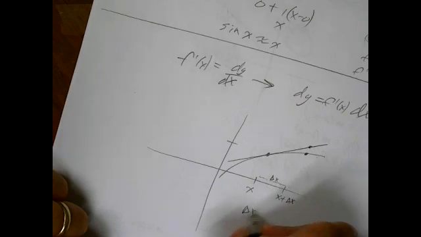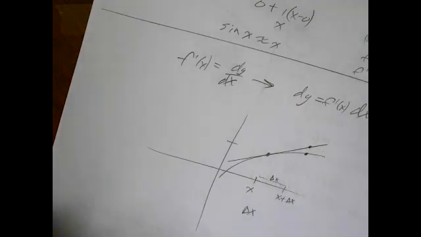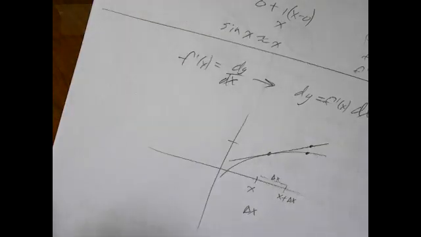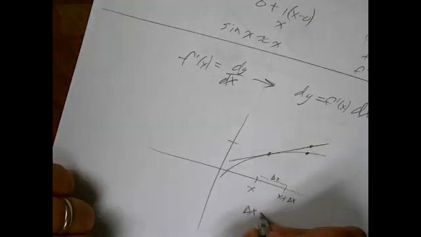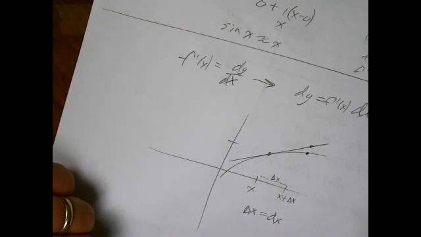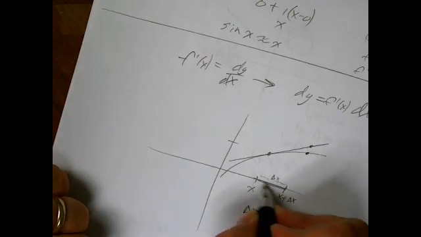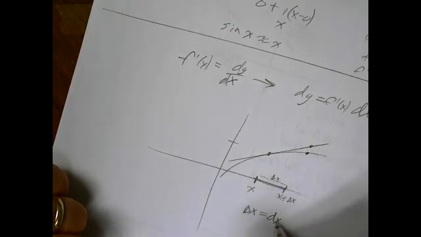Delta x is the actual exact, not an approximation, but an exact change in the x value. Notice that delta x and dx are going to be the same because this change is, well, controllable. So the amount that I choose to change the x and the amount that x actually changes, they're the same.